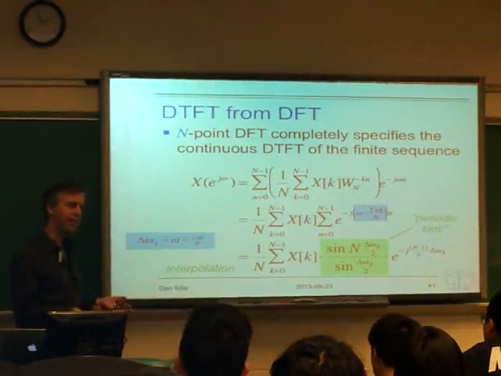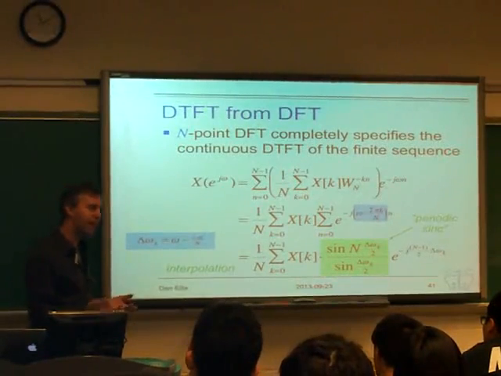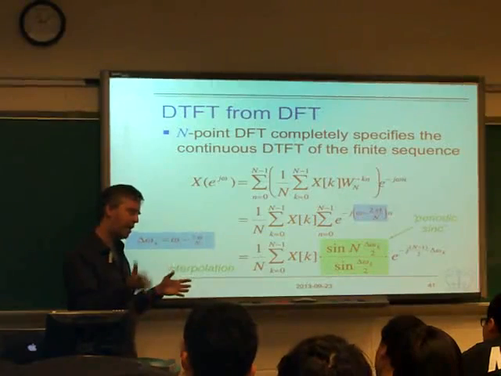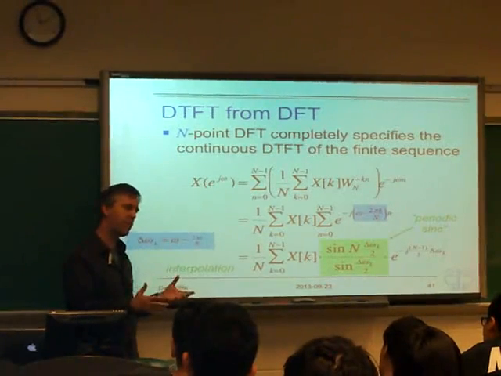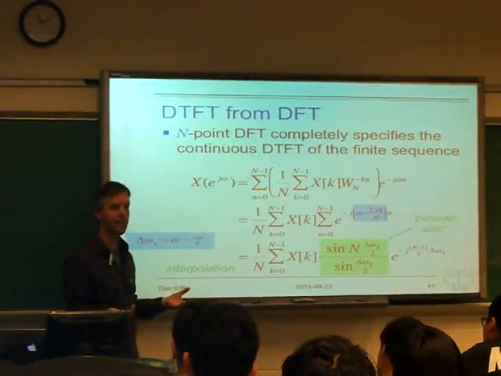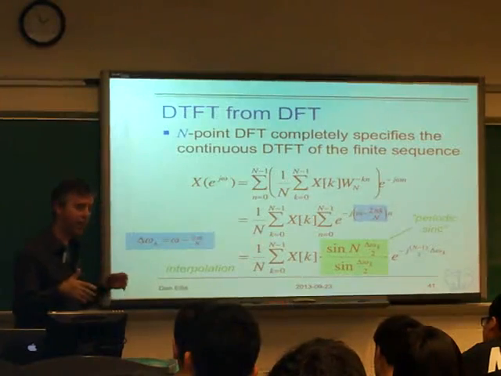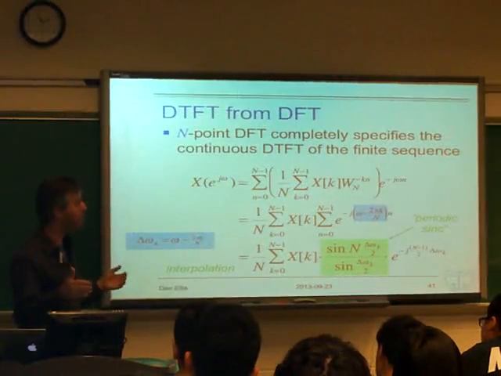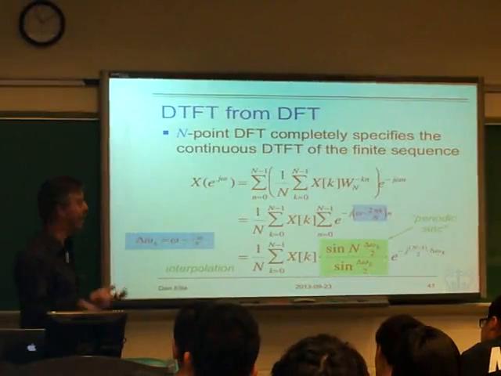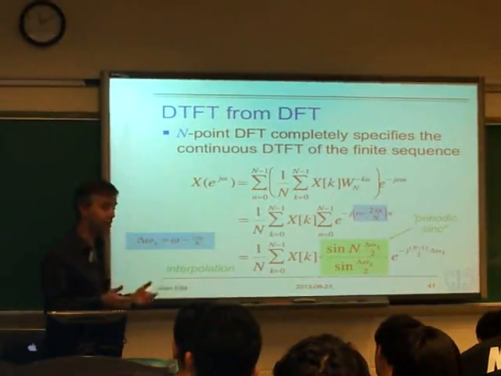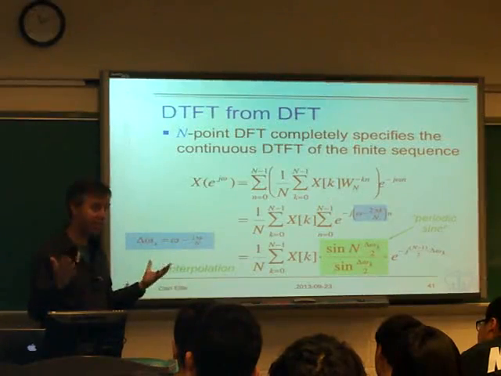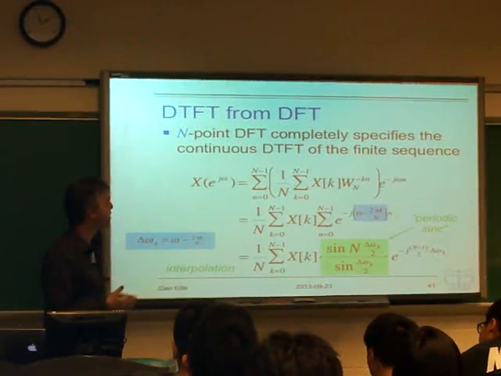I've got to be able to do it, because one way I could do it is to take my DFT, inverse the DFT back to the time domain, then just apply the DTFT, right? So the information is there. The DFT completely specifies the big N unique points of the time domain signal, and the DTFT is a continuous function, but it's based on these same time domain values.